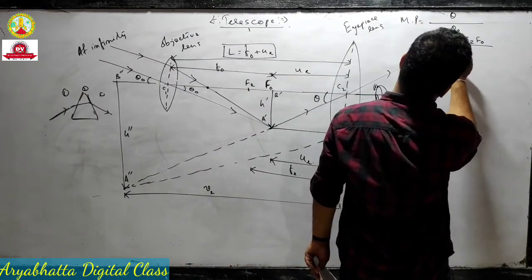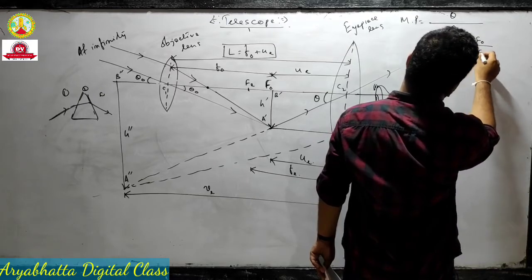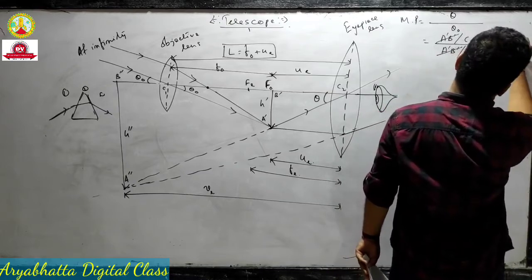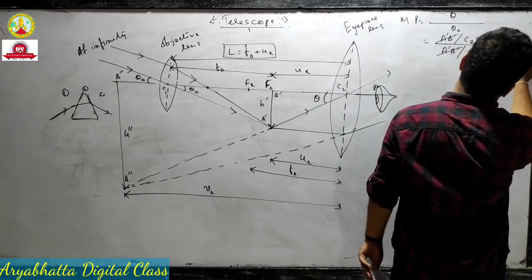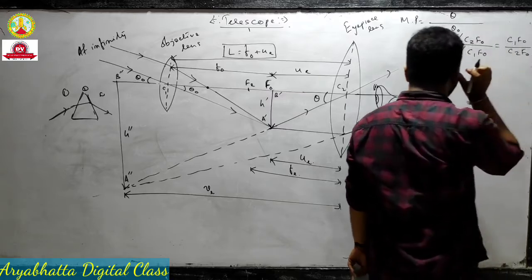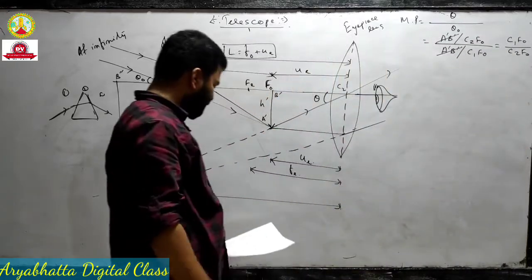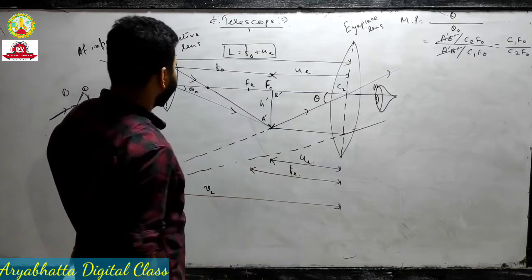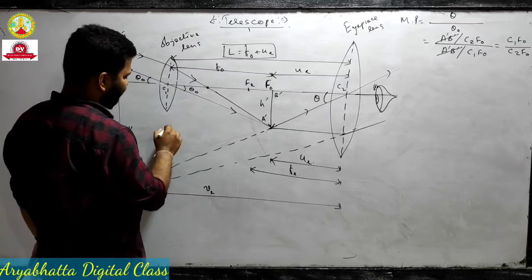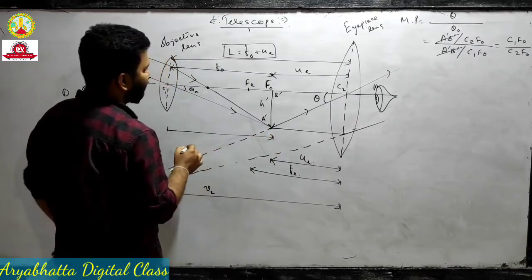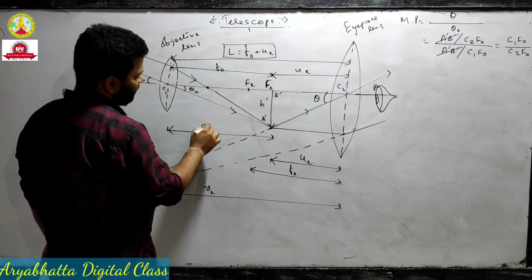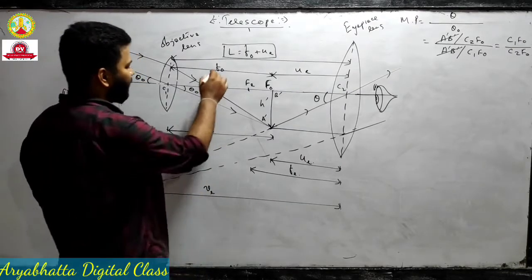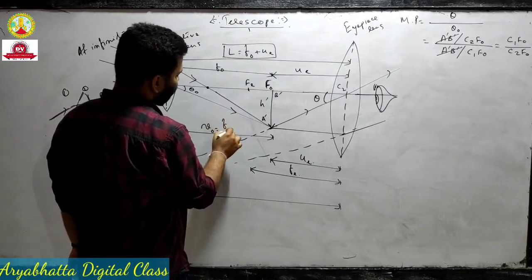So A'B' divided by C1F naught, cancel, so it will be C1F naught divided by C2F naught. Now what is C1F naught? C1 to F naught is the image distance for the objective, which is equal to V naught.